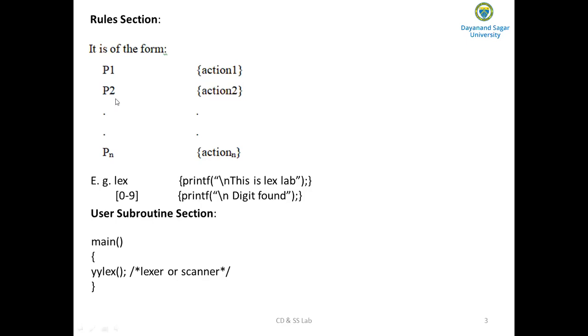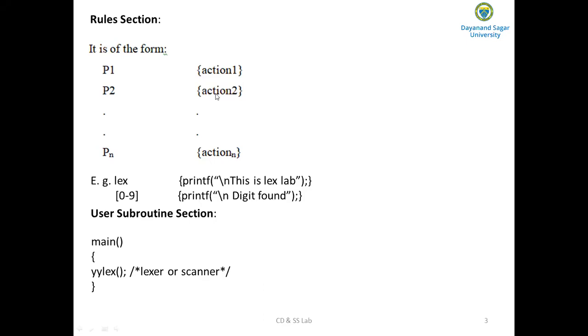And what is this pattern? Each pattern Pi is a pattern written using regular expression. The writing of this pattern starts at the beginning of the line and continues up to the first unescaped white space.